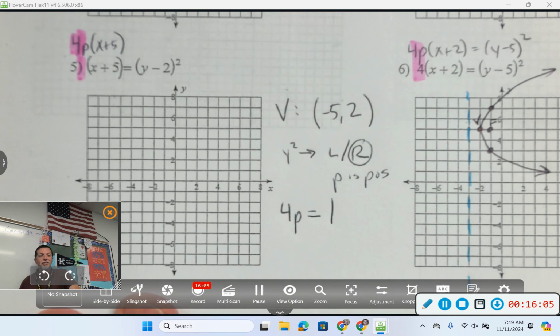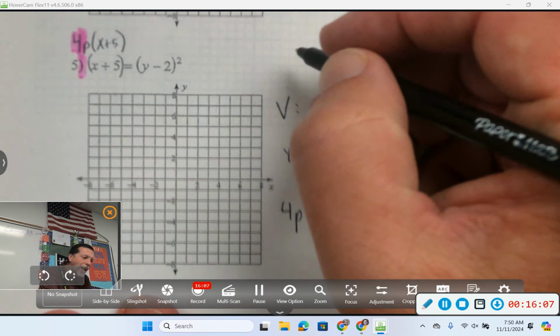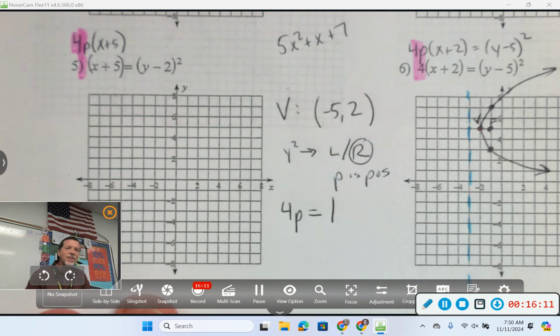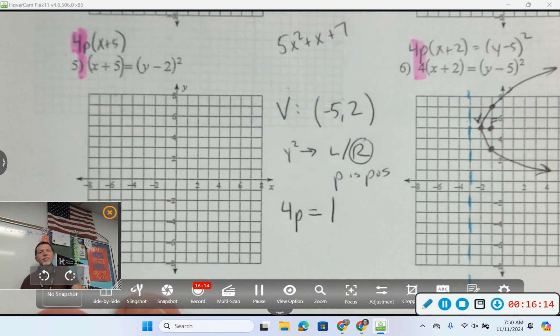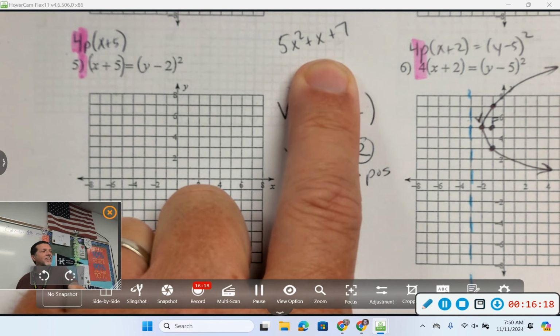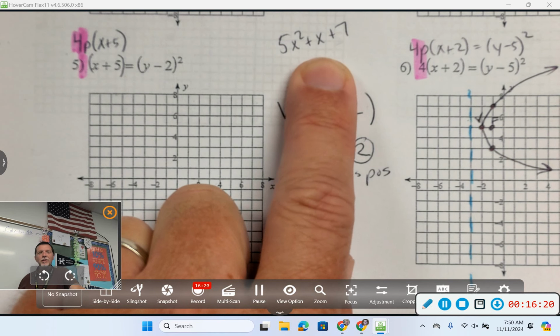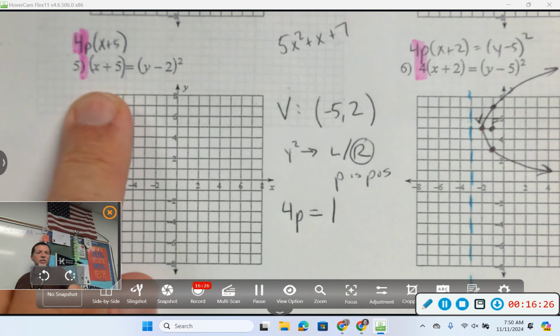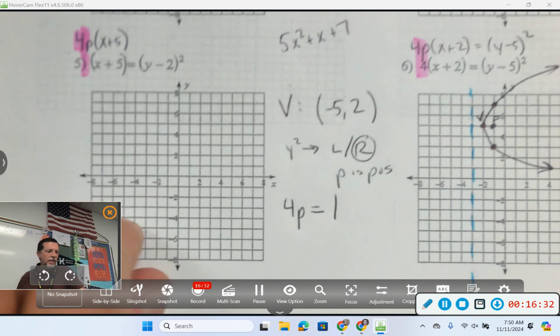Yeah, and so there's sort of not one there, but it's like if I ask you, if we had 5x squared plus x plus 7, and I said, what's the coefficient of x, what would you say? 1. And then I would say, well, yeah, but there's not a 1 there. And you're like, well, there's not, but there kind of is. Same thing here. What's the coefficient in front of the x plus 5? 1. I mean, it's not written out, but there's a 1 there.